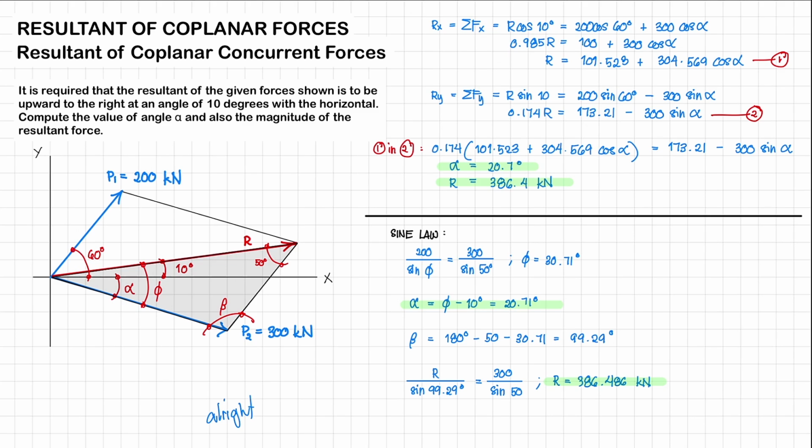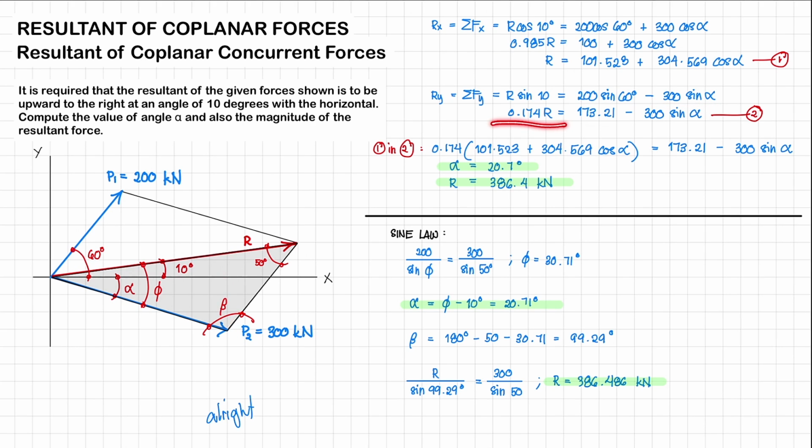Okay? Next, we have the summation of forces along the y-axis, all the vertical forces. Let's start with the vertical component of your resultant. This is going to be R sine 10 degrees. And that is going to be equal to the vertical component of P1, which is 200 sine 60 degrees, minus the vertical component of our P2, that is 300 sine alpha.